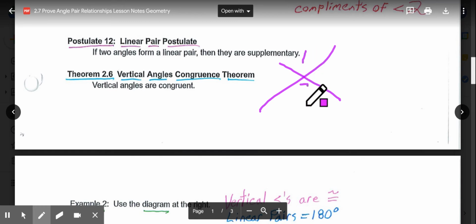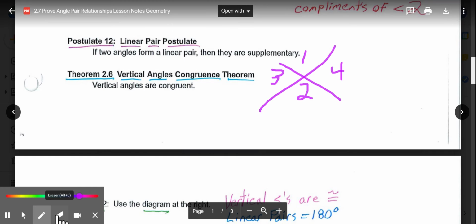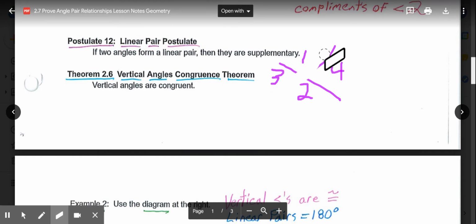So 1 and 2 are vertical angles, or angle 3 and angle 4 are vertical angles. So vertical angles are on opposite sides of that X shape or intersection. Then, as we move down, example 2 is going to be making sense of this new postulate and theorem.